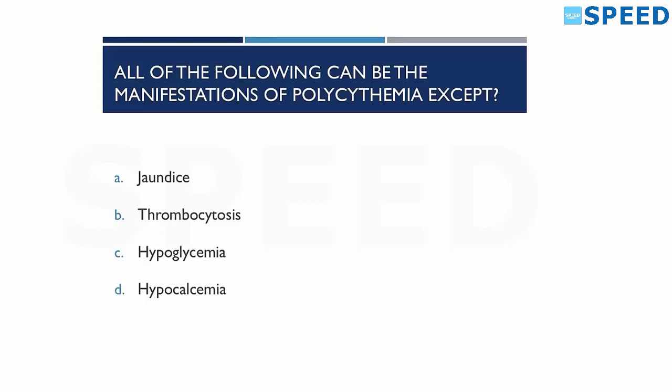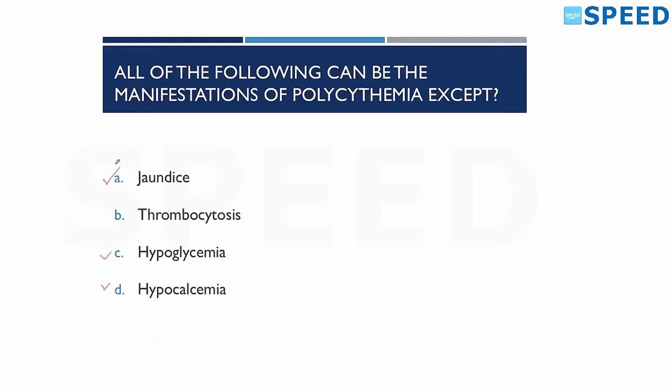Now, when polycythemia is there, there is increased red blood cell count. When there is increased red blood cell count, there is increased risk of hemolysis, and hemolysis will release bilirubin. So, by default, I can say that hypocalcemia, hypoglycemia, and hyperbilirubinemia, that is jaundice, can be a part of polycythemia.